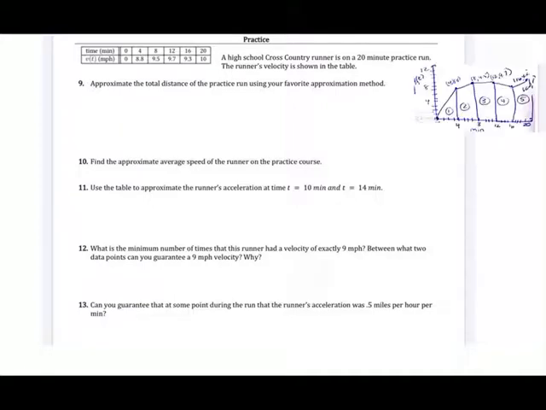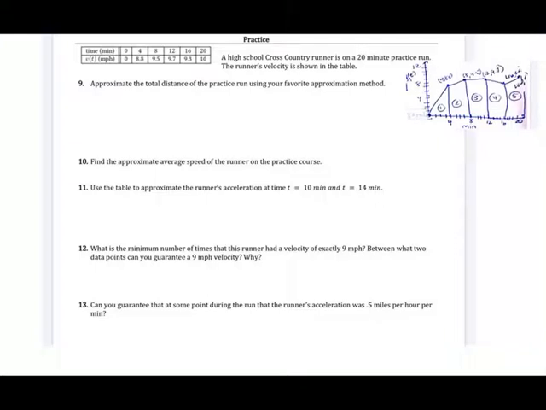So there is the graph that I created in my notes. Again, you do not have to graph. You could use the table. On a lot of these problems, you will see people use the table, come up with an estimation based on a left or right Riemann sum, and that's something that you could stop by student support and we could go over if you are interested in seeing it that way.